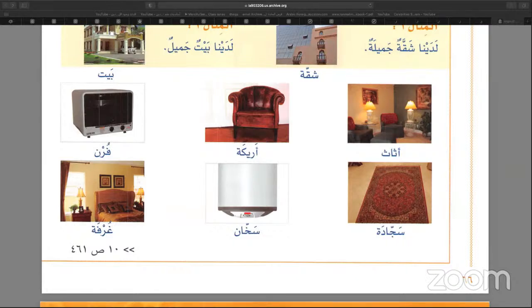لدينا غرفة جميلة. What does that mean? What's لدينا meaning? Ladaina means we have.